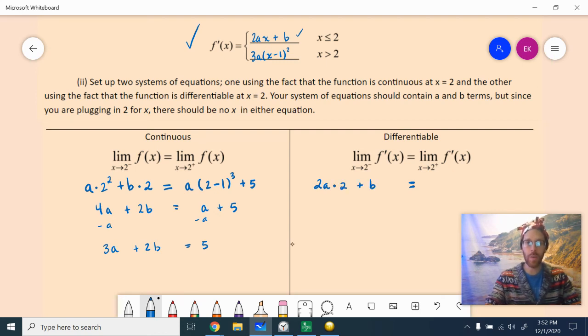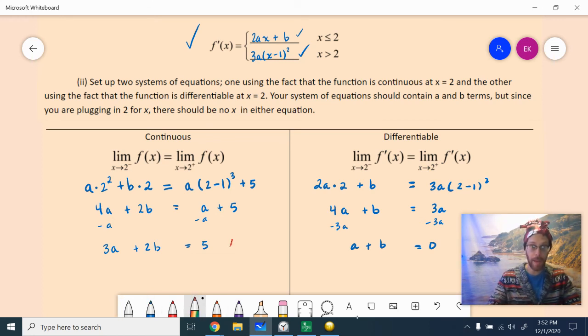And if I plug 2 into the right branch, that would give us 3a times (2 minus 1) squared. Let's simplify that down. That would be 4a plus b is equal to, on the other side, 3a. If I subtract 3a from both sides, we know a plus b has to be equal to 0.